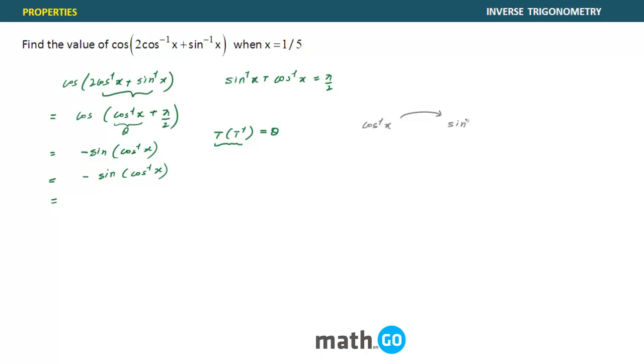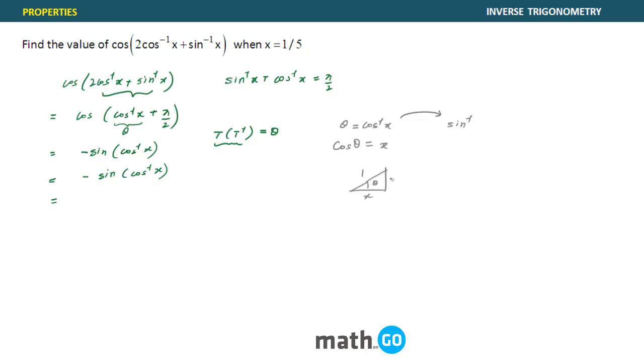It is a very generic process which is also used here. So let's take this cos inverse x. We know that cos inverse x is nothing but an angle theta, right? So that means cos theta is nothing but x. If I take a right angle triangle and say that this is theta, what is cos theta? Cos theta is base upon hypotenuse. So let's say this is x and this is 1.